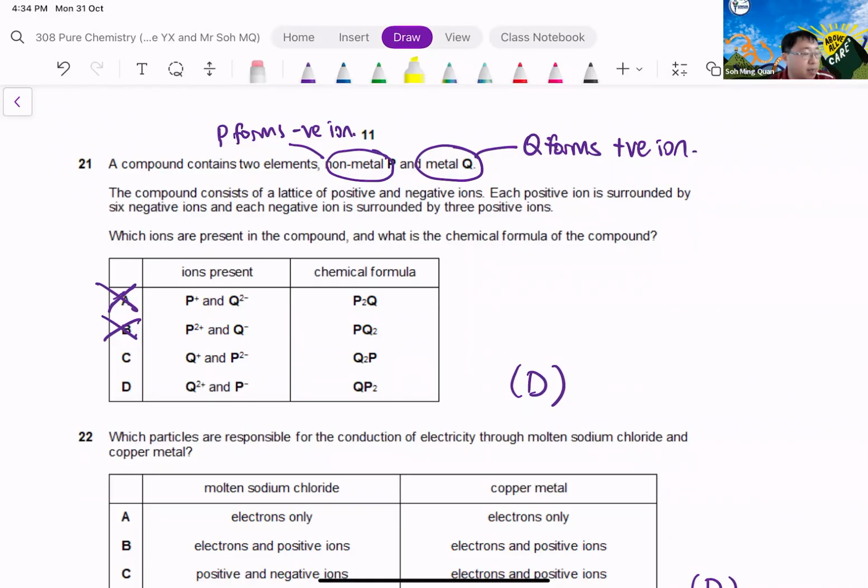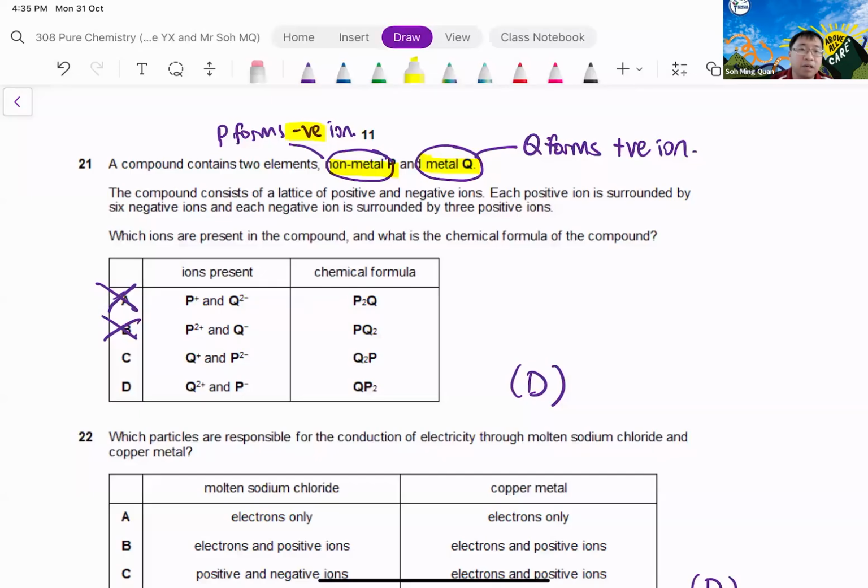First concept is metal versus non-metal. You need to know that P is a non-metal. Non-metals must form negative ions. You know that one. Chlorine, Cl minus ion. Oxygen, O2 minus ion. So once you know that, A and B are wrong.